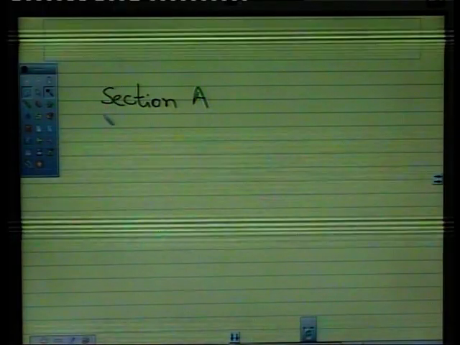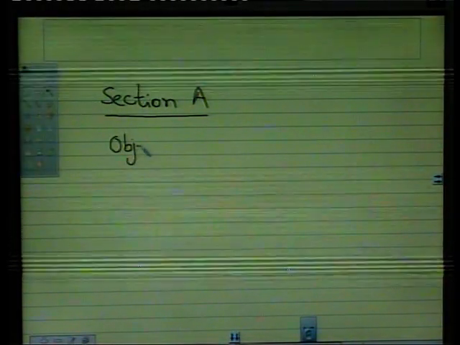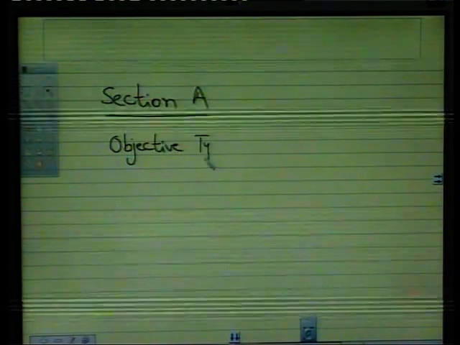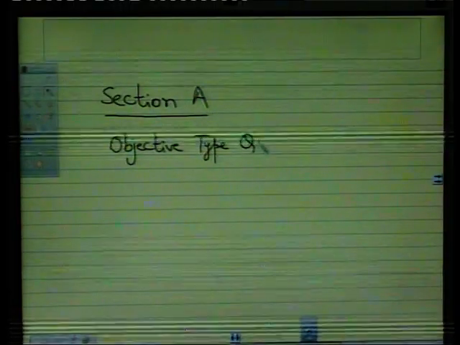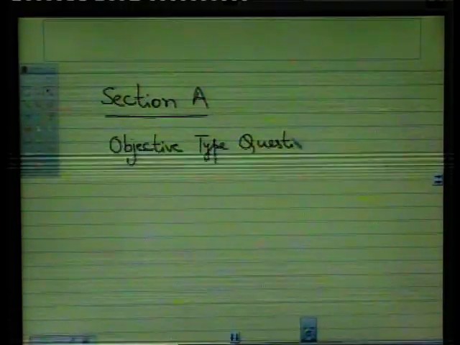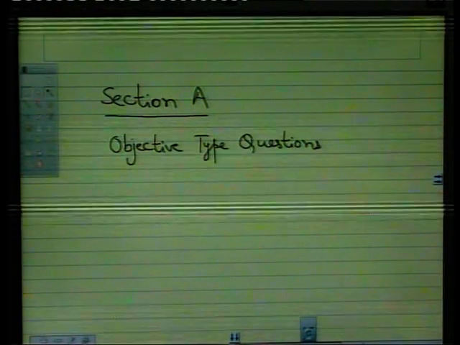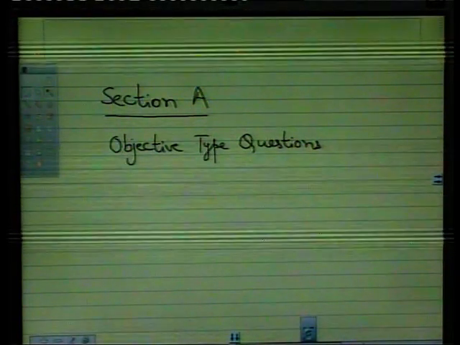This question paper on applied physics consists of 3 sections. Section A, which is objective type questions. In this section A, we have objective type questions.